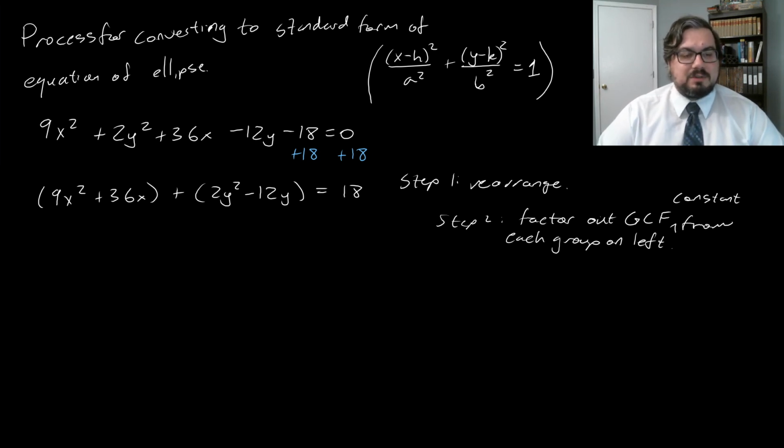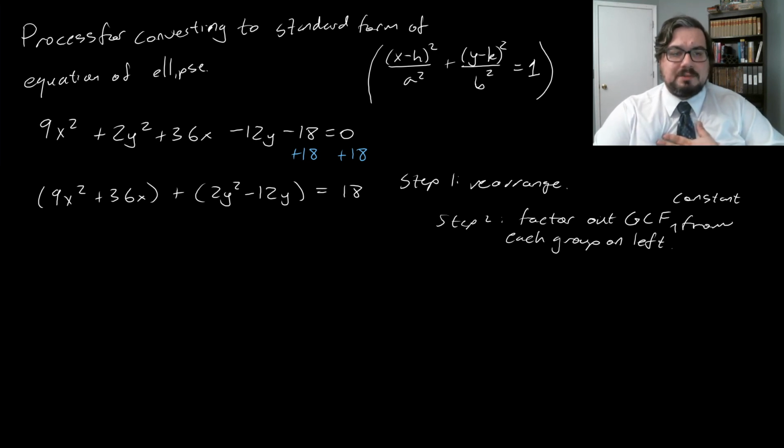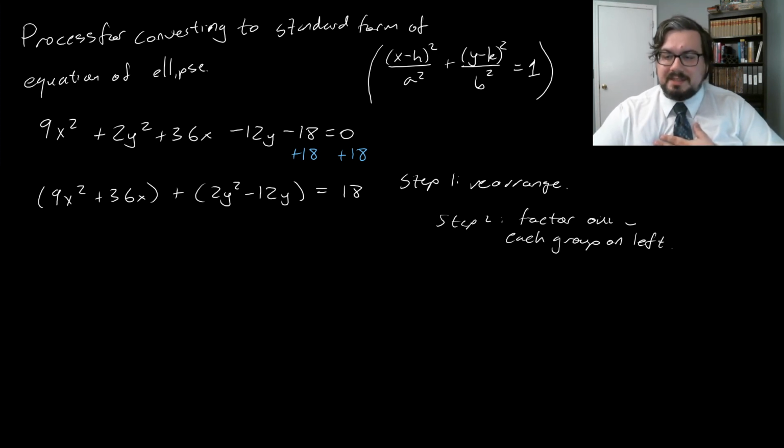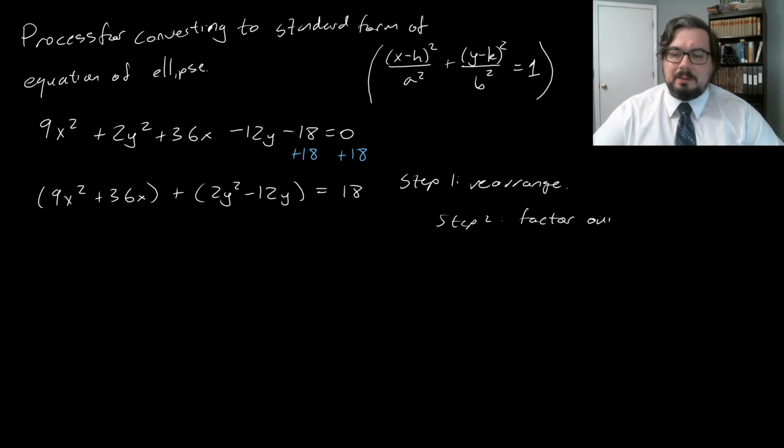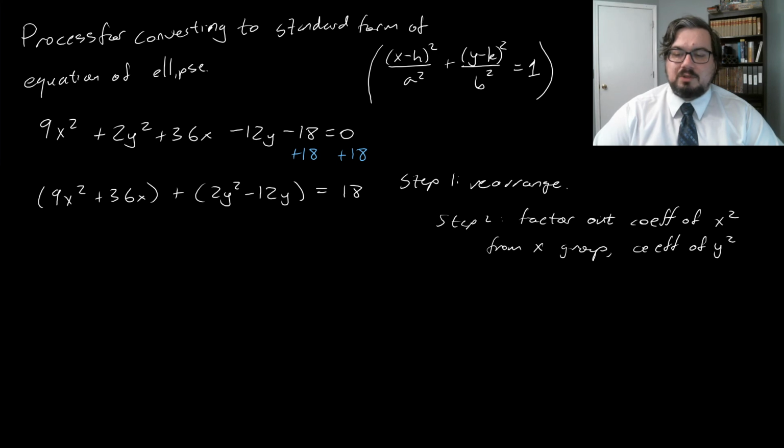Sorry, I misspoke. I should be more precise. In this case, it's the greatest common factor, but in general, it might not be. We want to factor out the coefficient of x squared from the x group and the coefficient of y squared from the y group.